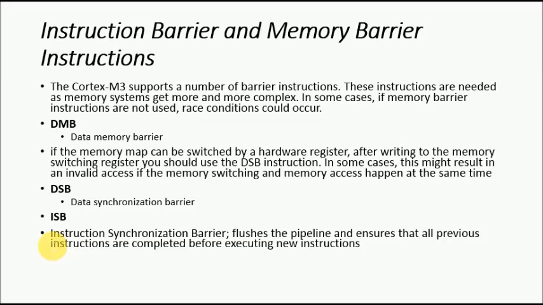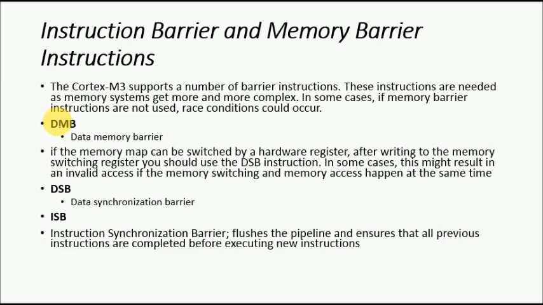Now in case of the DMB instruction, the memory map can be switched by hardware. After writing to the memory switching register, you should use the DSB instruction. So after writing to the memory, we have to use the DMB instruction. In some cases, this might result in an invalid access if the memory switching and memory access happen at the same time.